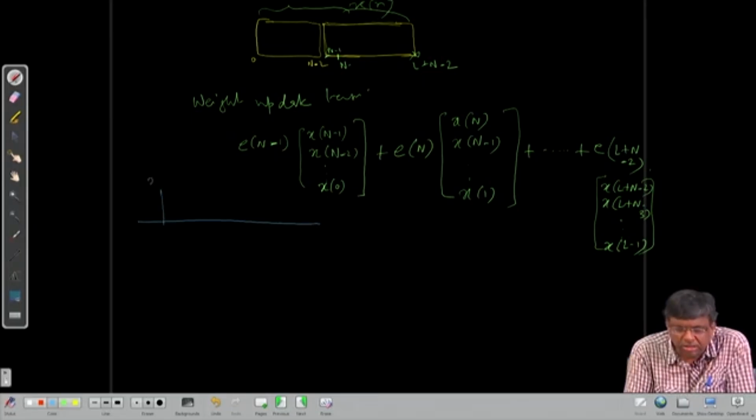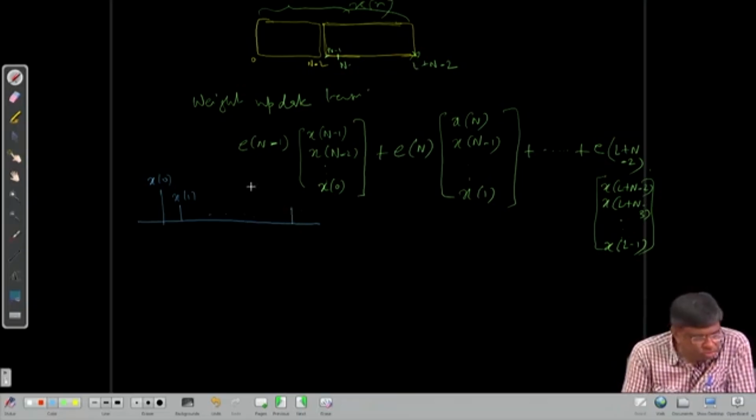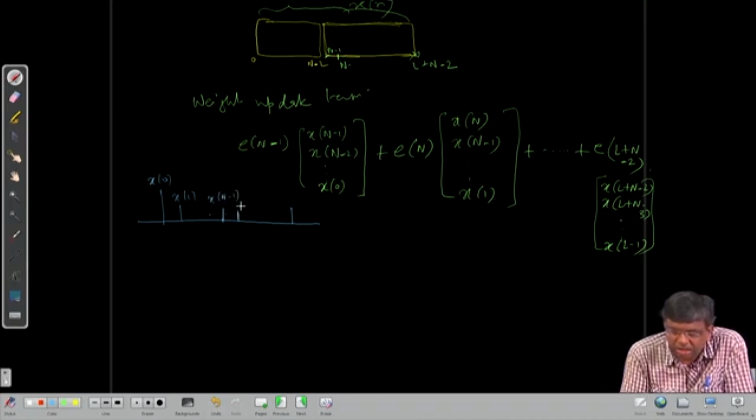So, suppose it is x 0, x 1, dot dot dot. I go up to L plus n minus 2. In fact, you can say x n minus 1, x n, up to x L plus n minus 2. This is that block. So, this is the data.